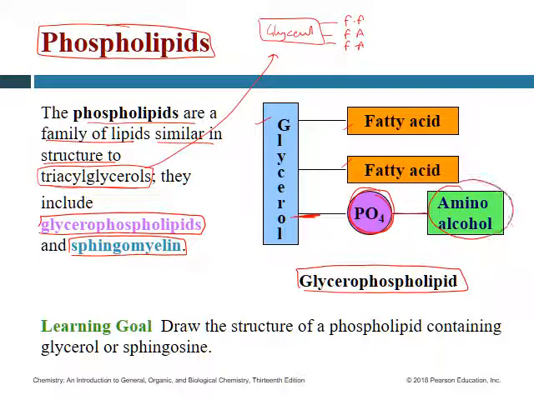So this is the only difference that you can find between triacylglycerol and glycerophospholipid: the third OH group from the glycerol is going to attach to the phosphate, not to the fatty acid, right? In triacylglycerol you have 3 fatty acids. In glycerophospholipid you will have 2 fatty acids, and the third fatty acid gets replaced by phosphate and amino alcohol.